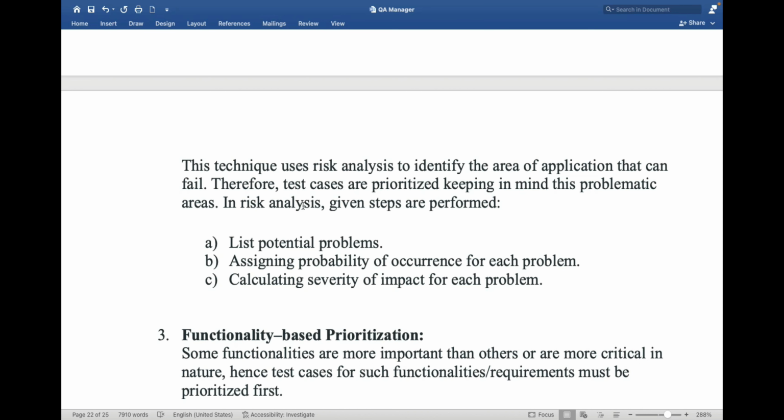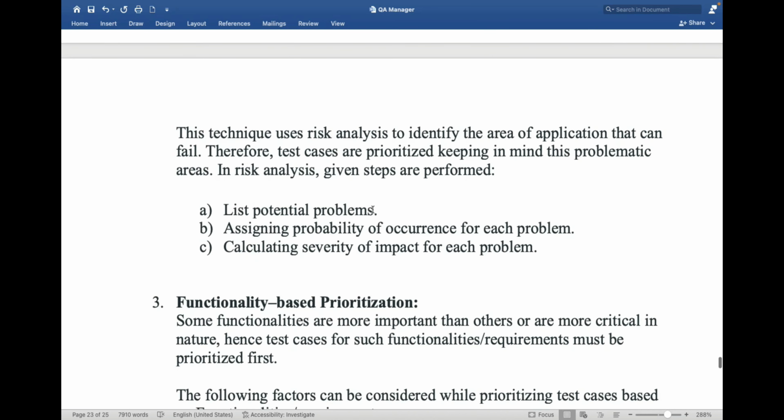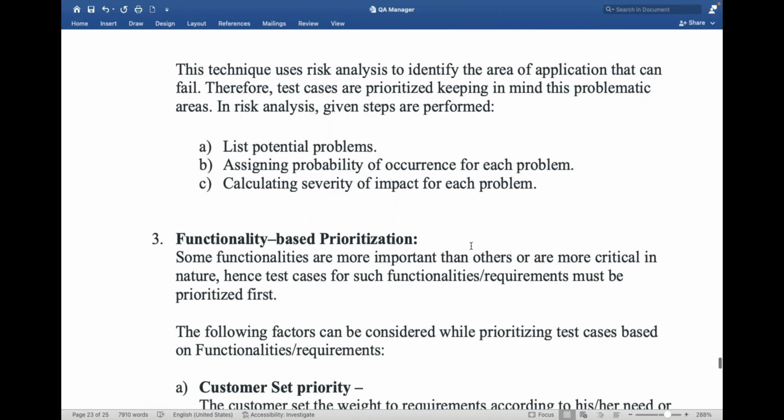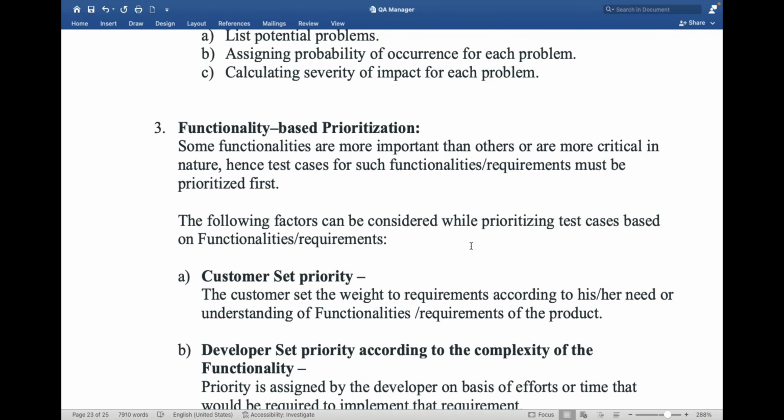In risk analysis, the given steps are performed. First, list potential problems. Second, assigning probability of occurrence of each problem. And third is calculating severity of impact of each problem. Third approach is the functionality based prioritization. Some functionalities are more important than others, so are more critical in nature. Hence, test cases for such functionalities or requirements must be prioritized first.